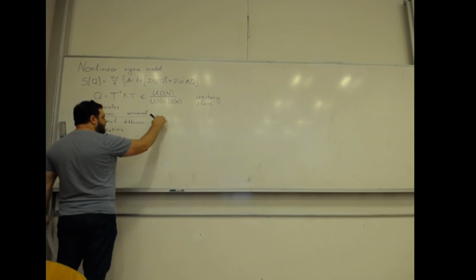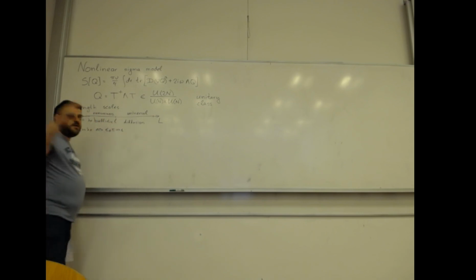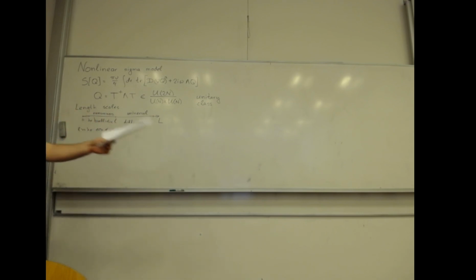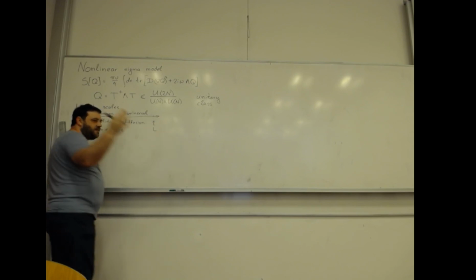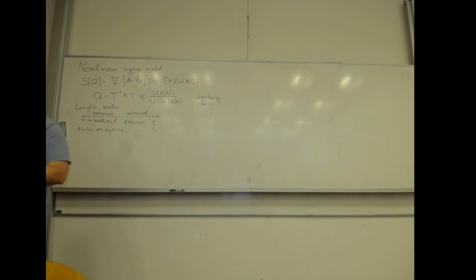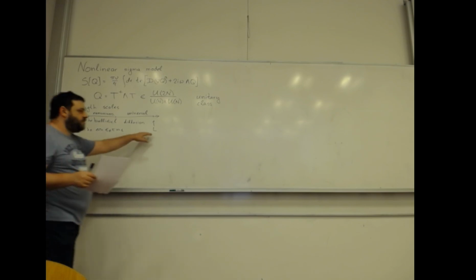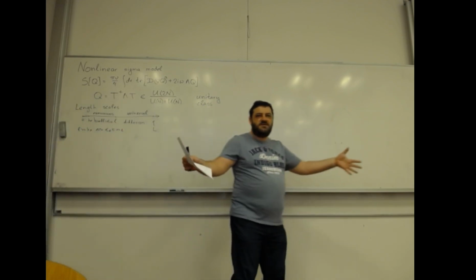And finally, there will be some upper length scale which we will call L. L is the upper scale at which we stop our theory, and it can be determined by different mechanisms. For example, it can be the size of your sample.